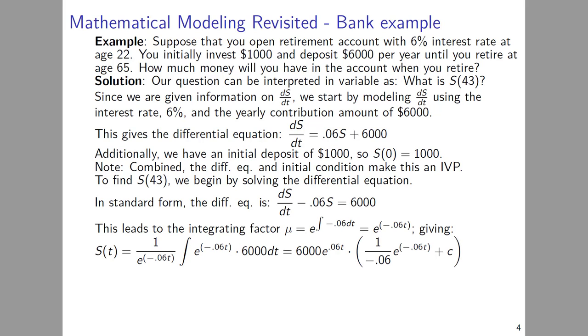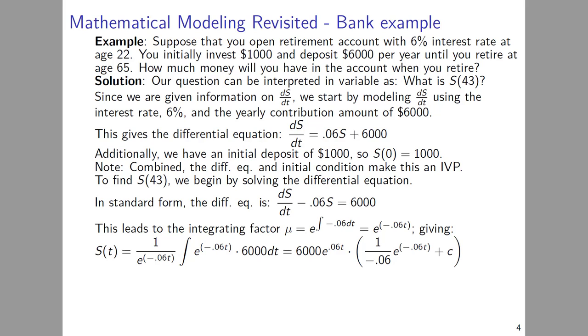We can factor 6,000 out of the integral and compute the integral of e to the negative 0.06t dt as 1 over negative 0.06 times e to the negative 0.06t plus some constant of integration c.